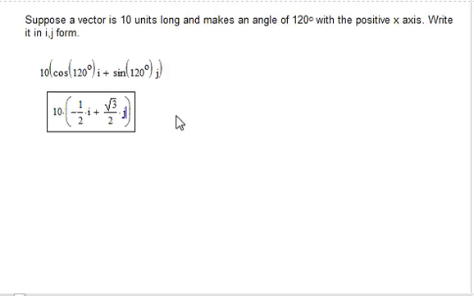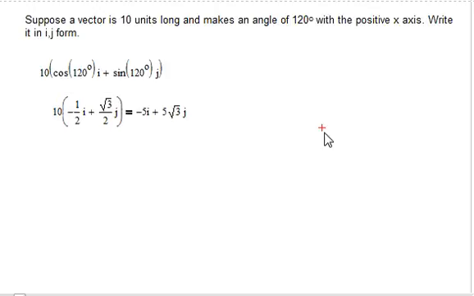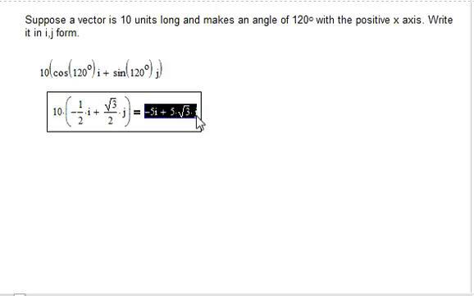So really a better answer than this, though, you have to admit. It would be a lot prettier if I just wrote it negative 5i and then plus 5 square roots of 3 j. A much more satisfactory answer is this one.